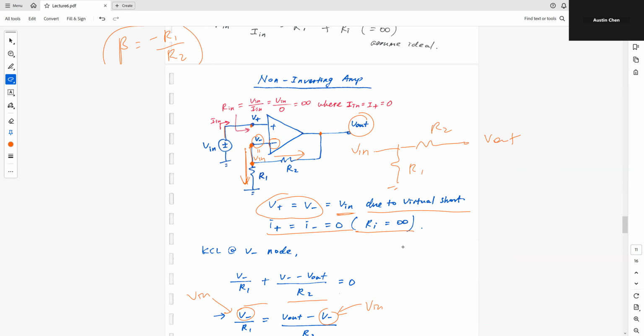So this is V in. If I were to find V in over V out now, this is feedback going from the output back to the input, so this is nothing but R1 over the sum.